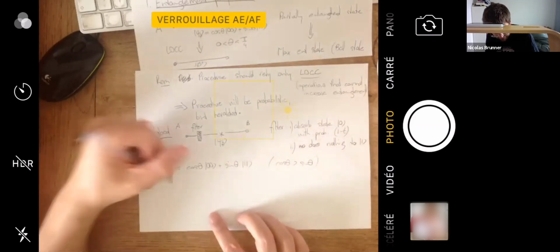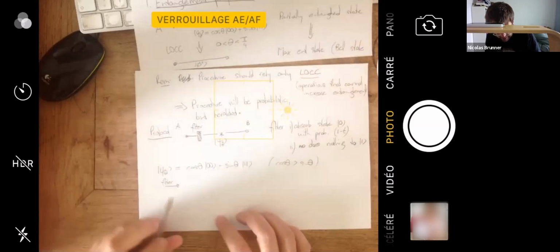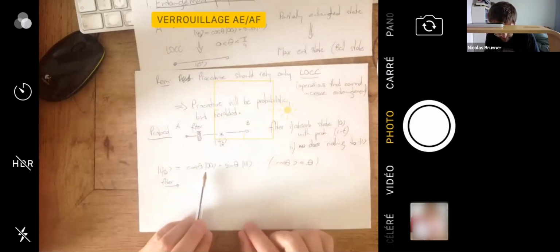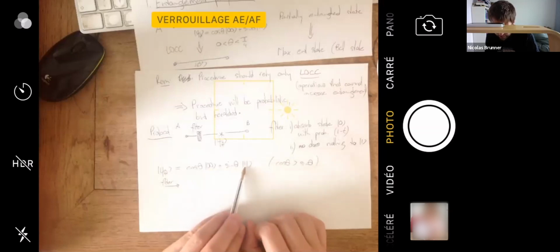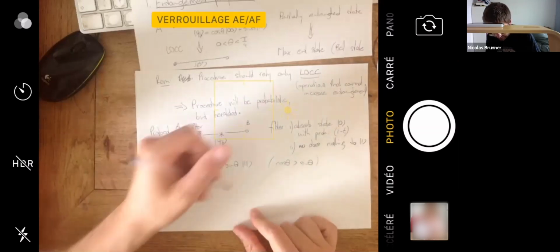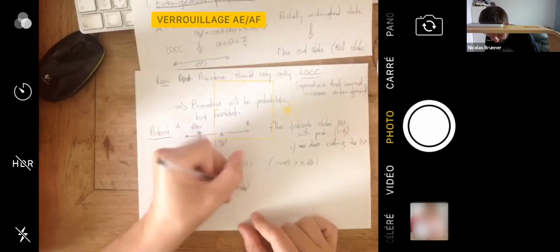Okay, so now I filter. And so you see what the filter is doing is it's acting on the first Hilbert space here, okay? And on the 1 degree of freedom, it's doing nothing. So I will just copy it back here.